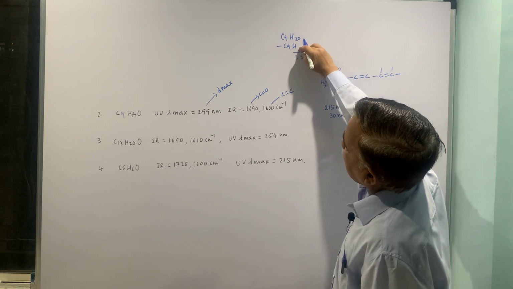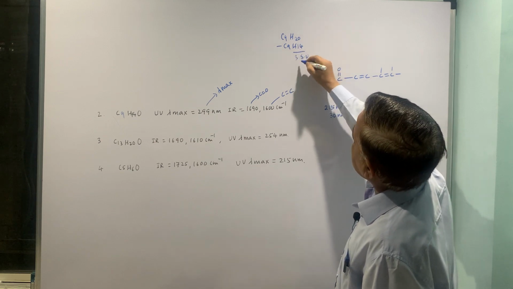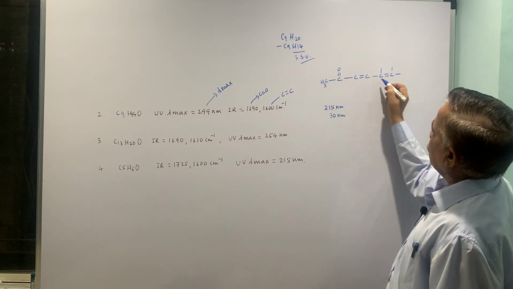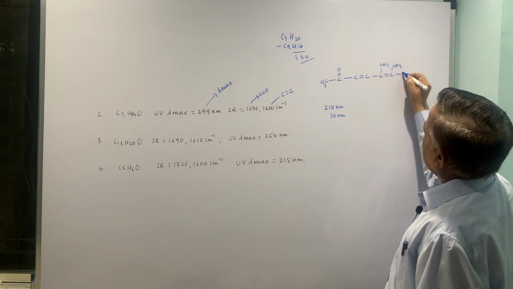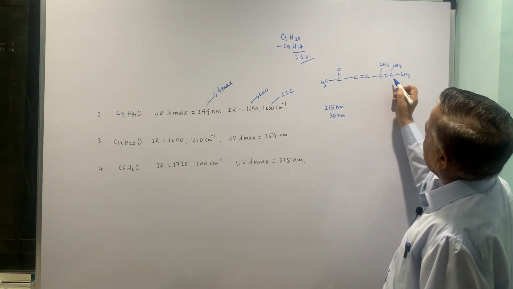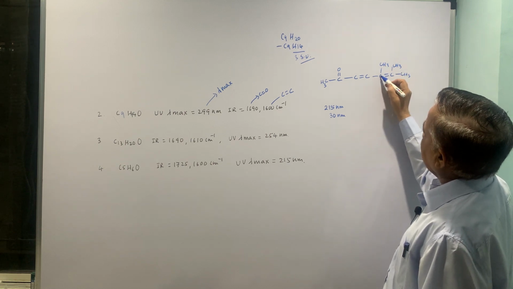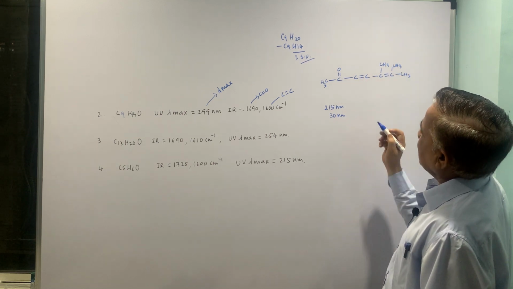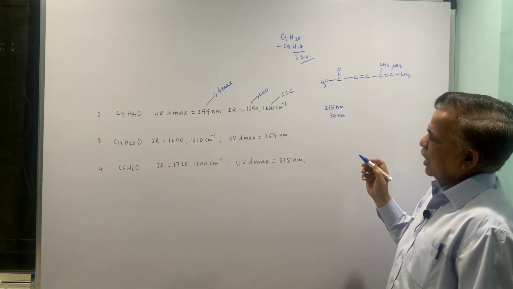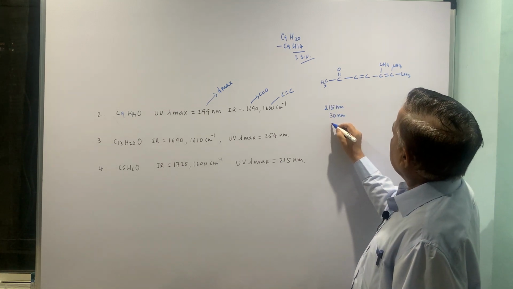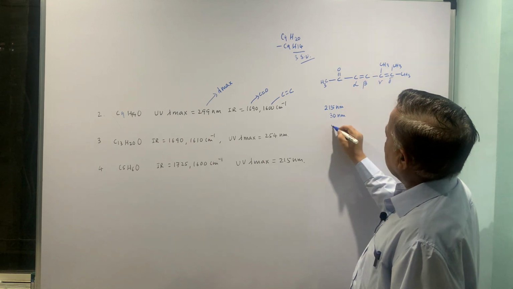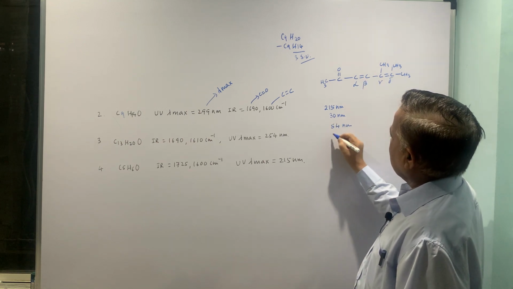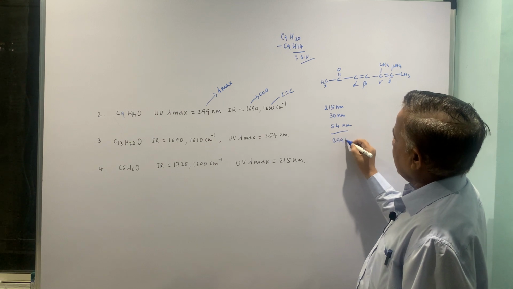C9H14. So 3 sites of unsaturation, 1, 2, 3, and these are all methyl groups, because we have left with 3 carbons, 1, 2, 3, 4, 5, 6, 7, 8 and 9. So 9 carbons are there, and then alpha, beta, gamma, delta, 254 nanometers, it is 299 nanometers.